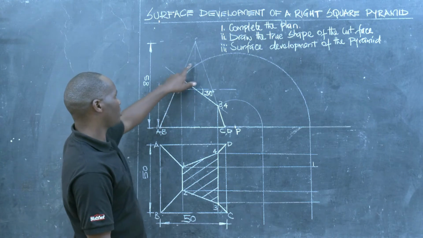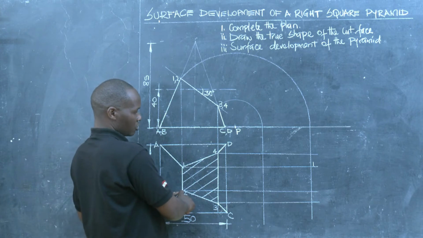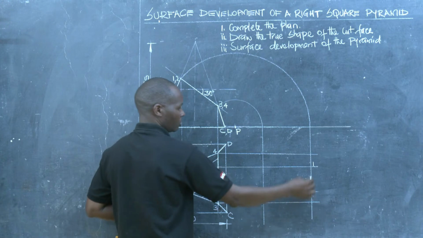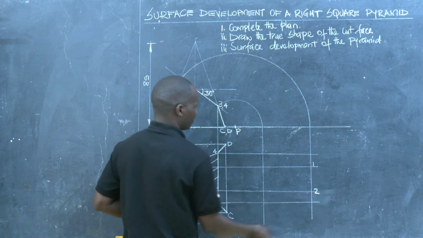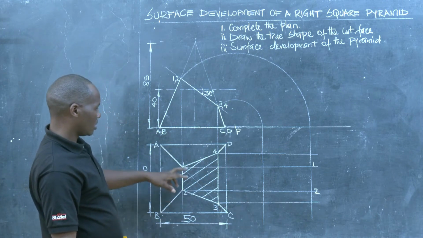Again, point 2 will be defined by the same arc, and a horizontal line from point 2 where it interacts with the curve 1, 2 should give us point 2. Point 3 and 4 will be given by the curve 3, 4.